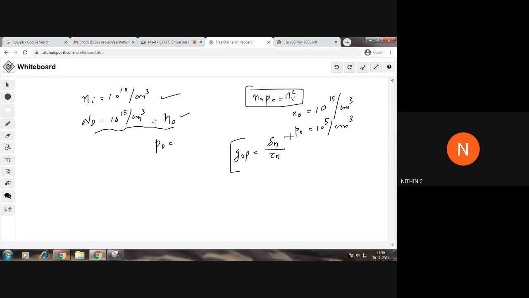GOP is equal to delta n by tau n, where tau n is equal to 1 by alpha r into n0 plus p0. We have done the derivation of this in the last class. So here you need to find the value of alpha r, since that is not given in the question. Alpha r is actually not given in the question, so you need to find the value of alpha r.